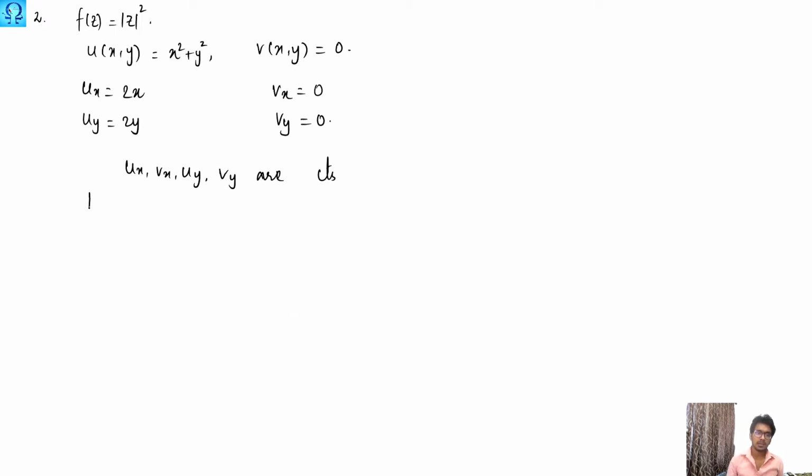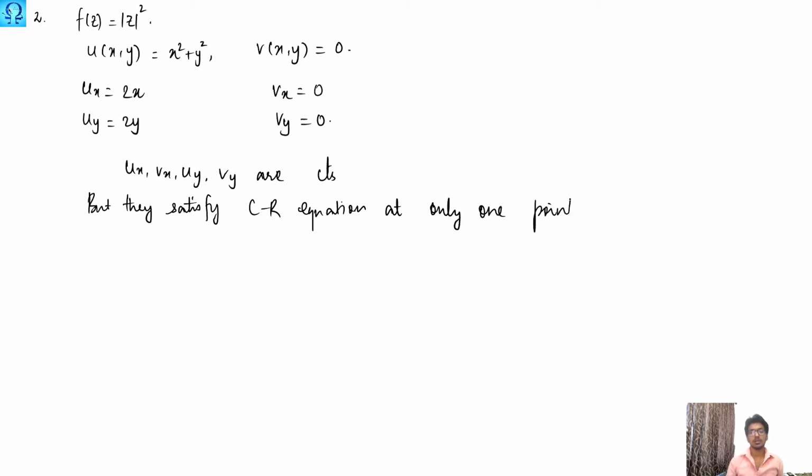But they satisfy the CR equation at only one point, and that point is the origin, right? So if this is so, then we shall write f prime of 0.